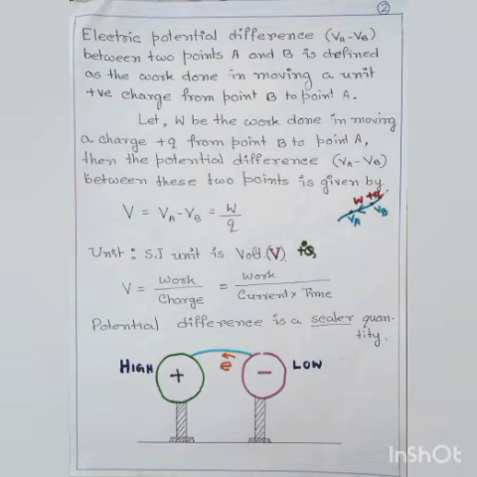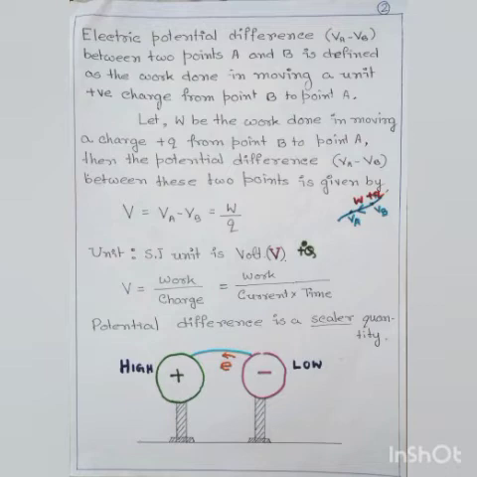One object is positively charged and another object is negatively charged, and they are kept on insulated stands. Now let us connect these two charged bodies with a conductor. What will happen? One is positively charged and another is negatively charged. Which one is negatively charged?